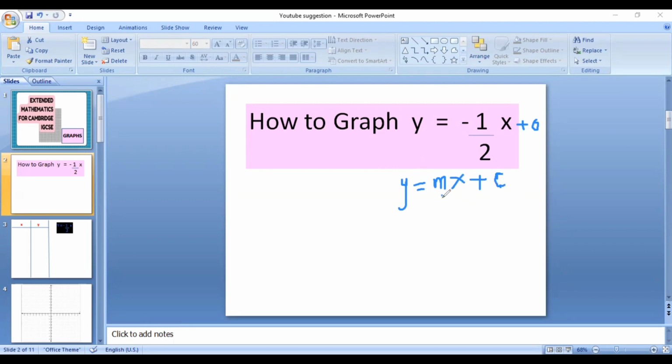Here m is the slope and here c is the y-intercept.